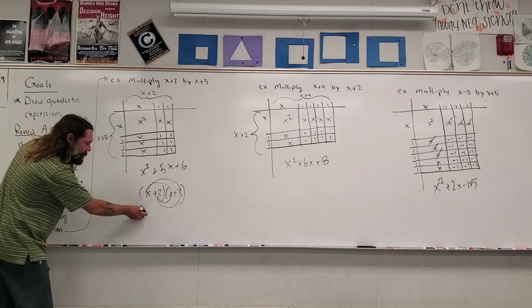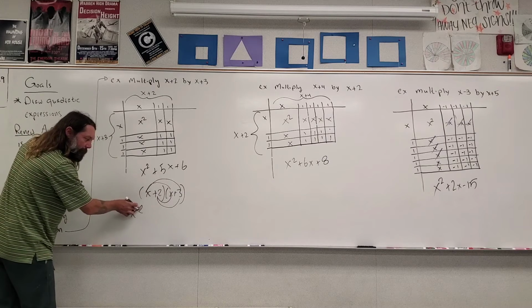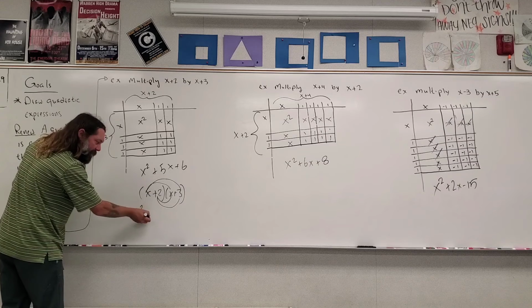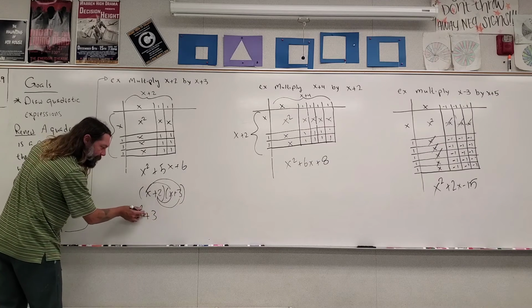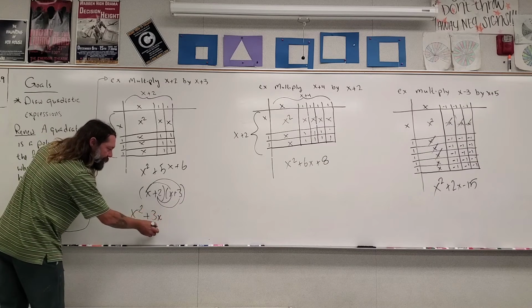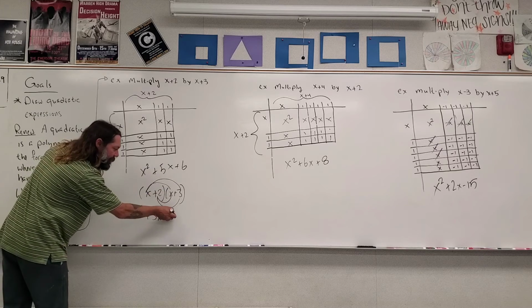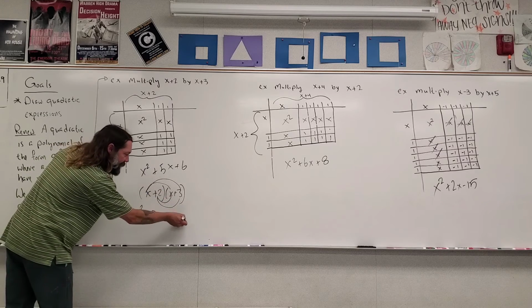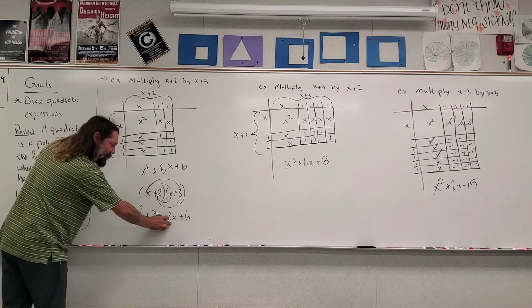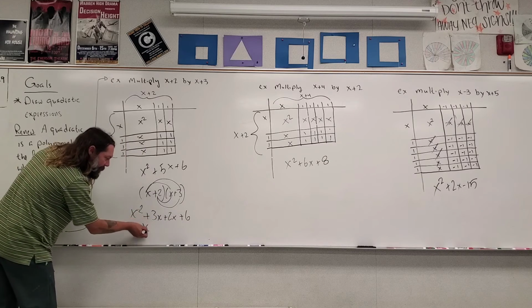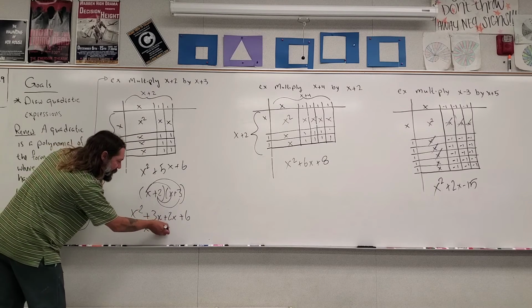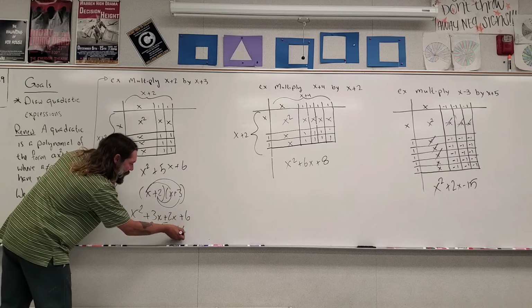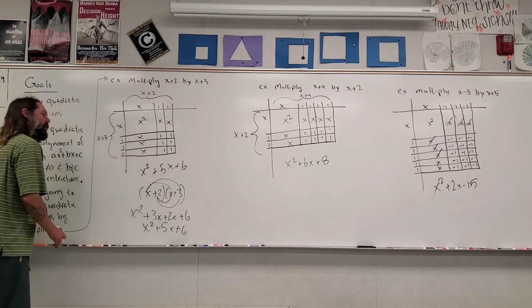So I get x squared for this, plus 3x, plus 2x, plus 6. 3x and 2x, that gets you 5x. So I have x squared plus 5x plus 6. So again, we get the same thing either way.